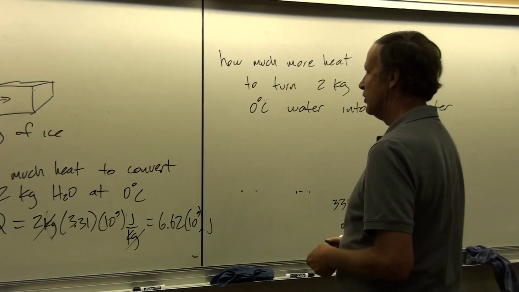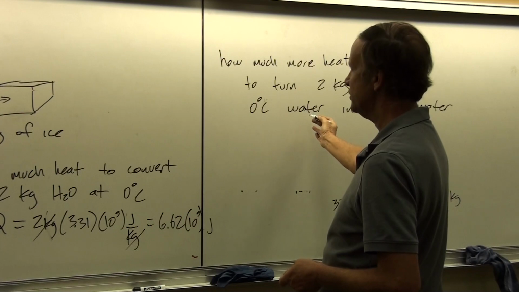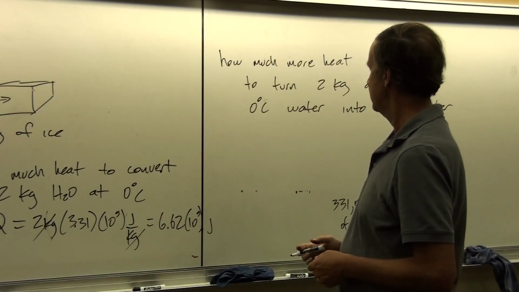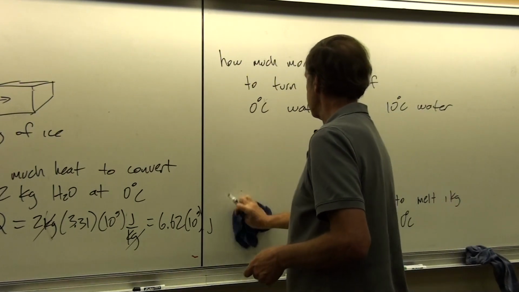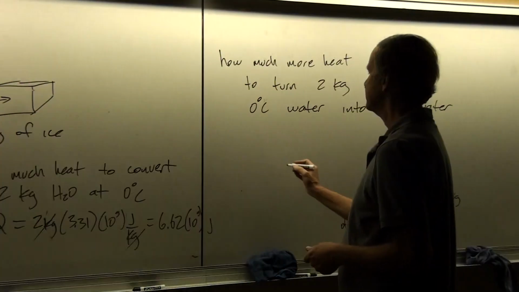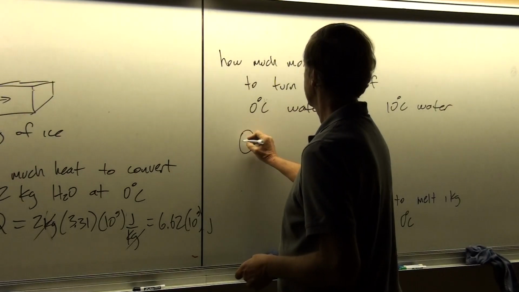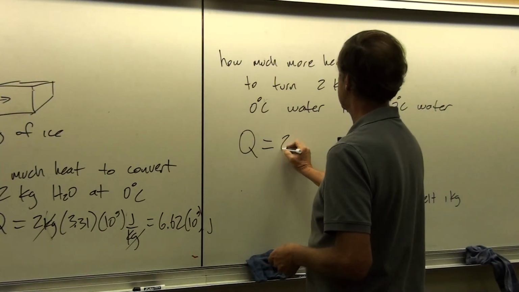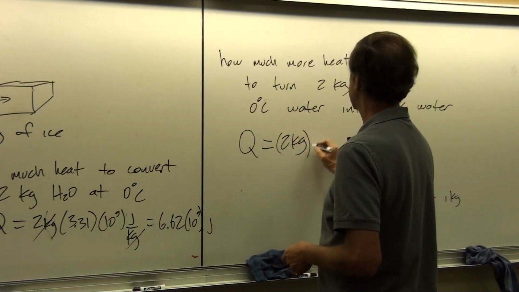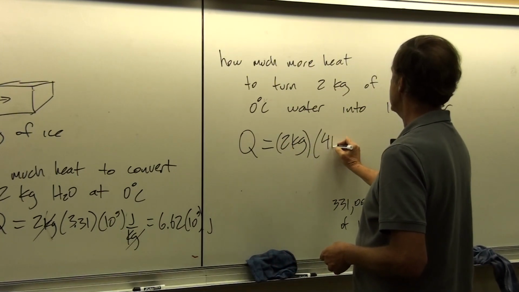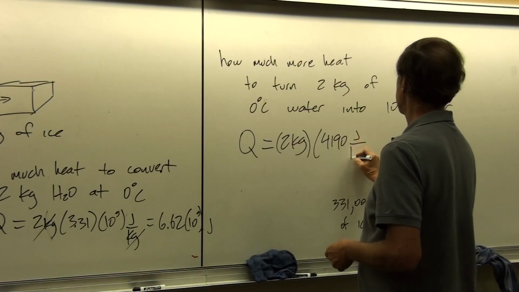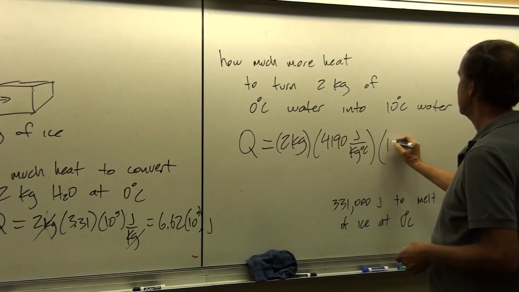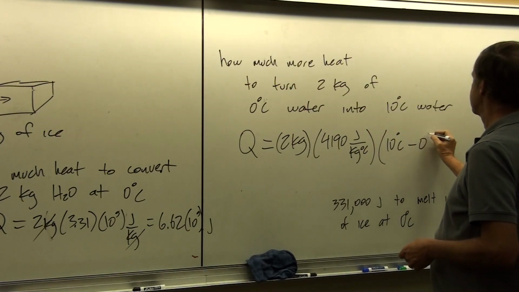Well, that's going to require more heat, but now that we've changed it from a solid into a liquid, we can now just add to that temperature. So that gives us Q equals m c delta T. That's 2 kilograms times C, which is 4,190 joules per kilogram degrees centigrade, times the change in temperature, which is 10 degrees centigrade minus 0 degrees centigrade.